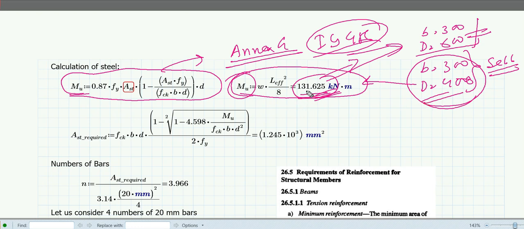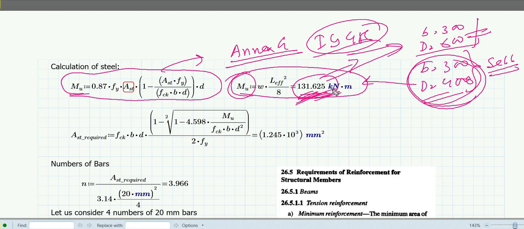But there is no harm if you are designing with a higher value, because if it is safe, then obviously it will be safe for the smaller dimension. So there is no harm. We are going to check it later on, but for this stage you just assume whatever moment you have assumed already. Always try, in every step, to be on the safer side.